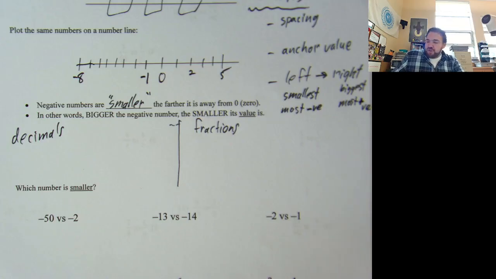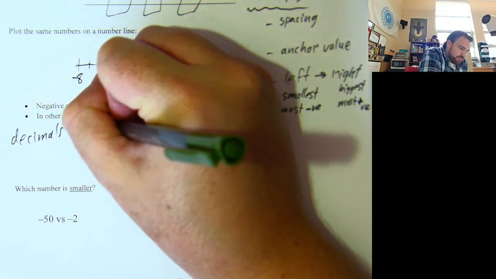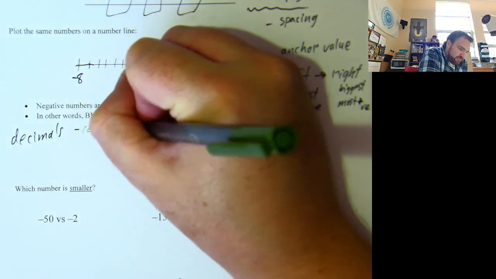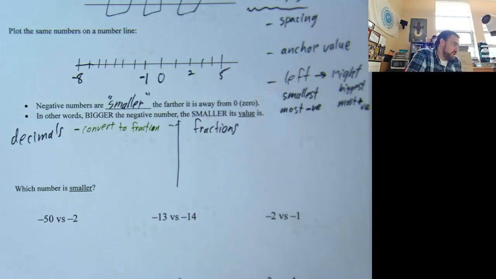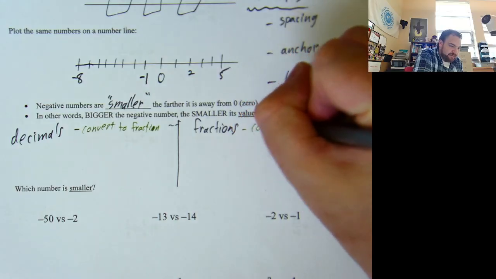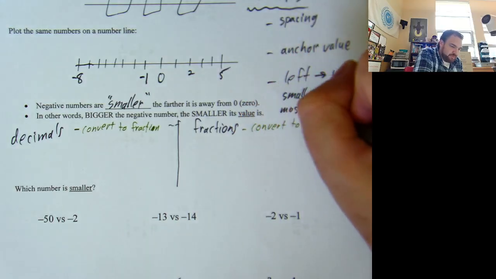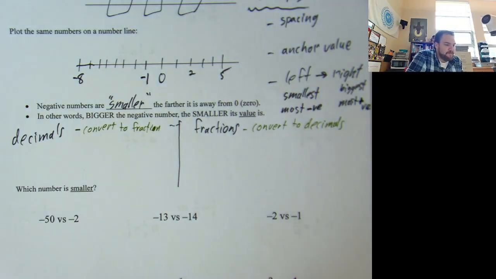Okay. So one way to deal with decimals is to convert to a fraction. If I've got fractions, sure, you could convert to decimals. We'll look at doing that today. That's one option. We'll look at both of those options.